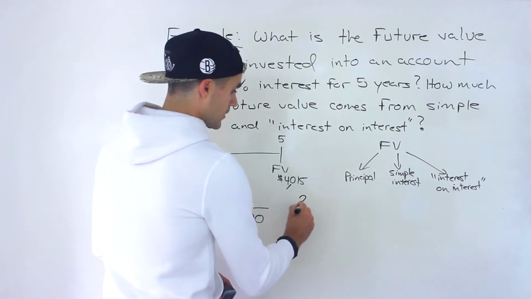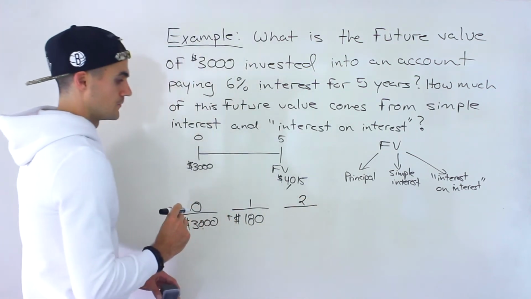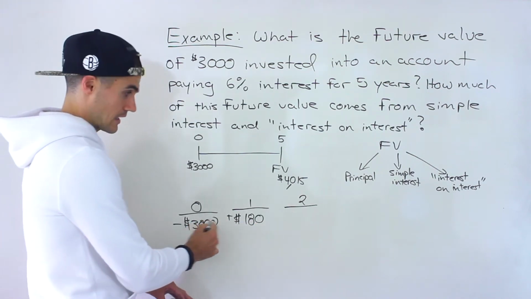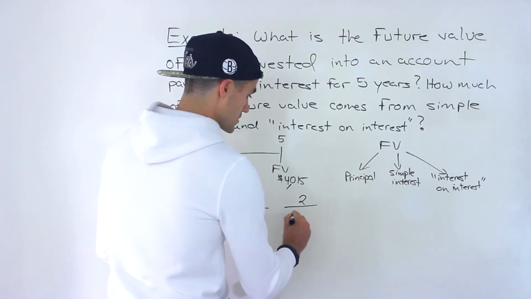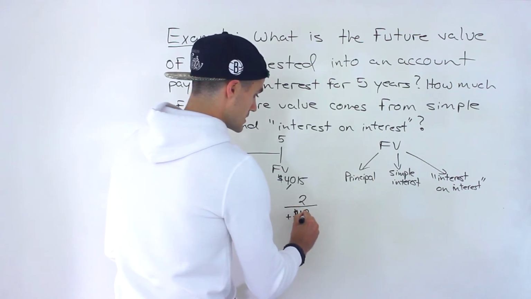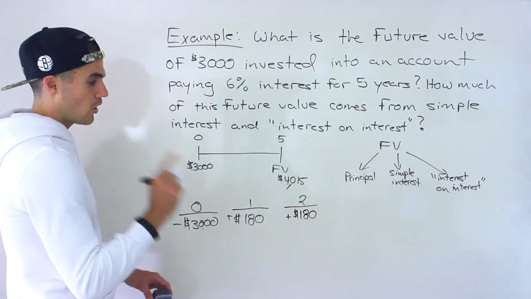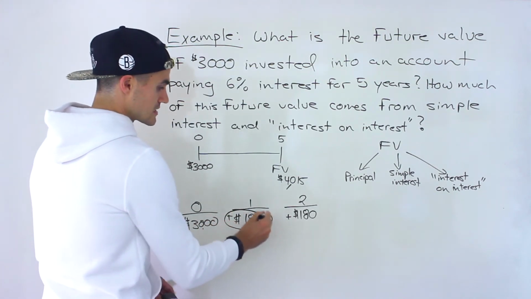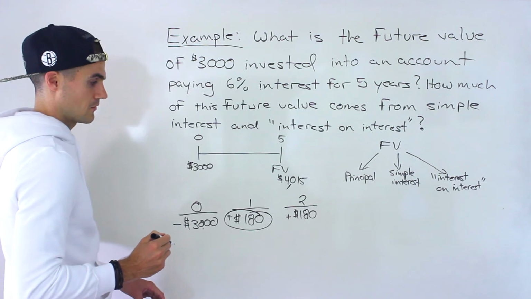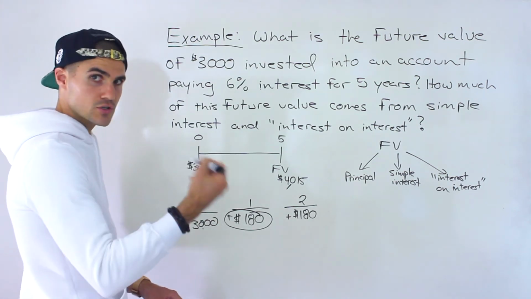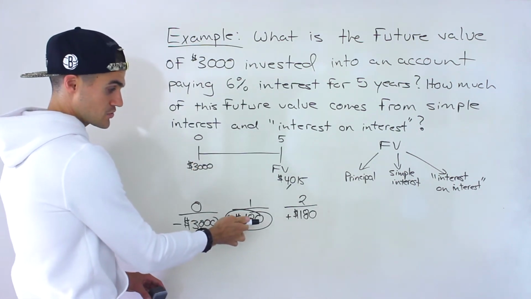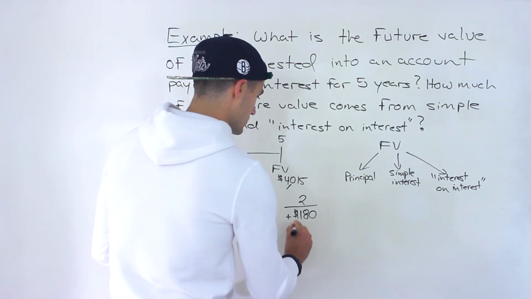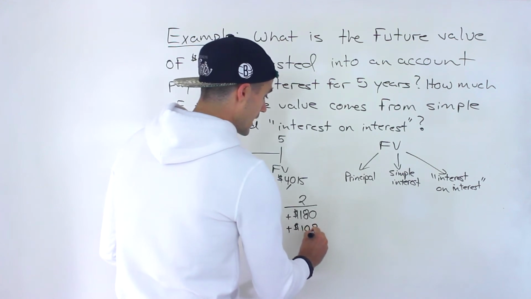Now, what's going to happen in year 2? Well, we're going to receive 6% on the 3,000 again, on that principal amount. So we're still going to receive that 180. That's the simple interest. But we're also going to receive 6% of this interest amount, and that's going to be the interest on interest portion. So 6% of 180 is $10.80.